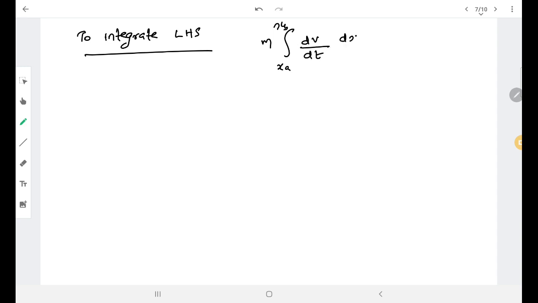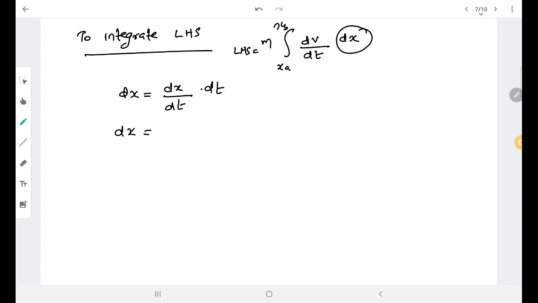This is our LHS. Instead of dx, we can rearrange it as dx/dt times dt. So no change appeared here; I just multiplied by dt and divided by dt.